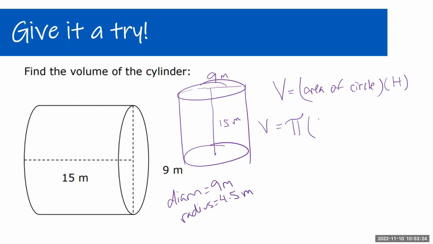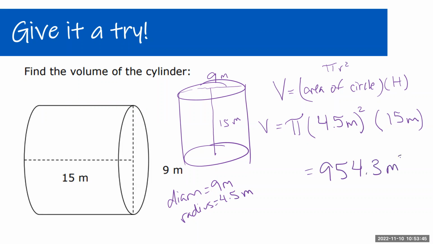So we're going to have pi times 4.5 meters squared. So that's pi r squared. And our height is going to be that 15 meters. So if we plug all of this into our calculator, we are going to get about 954.3 meters cubed. Okay.